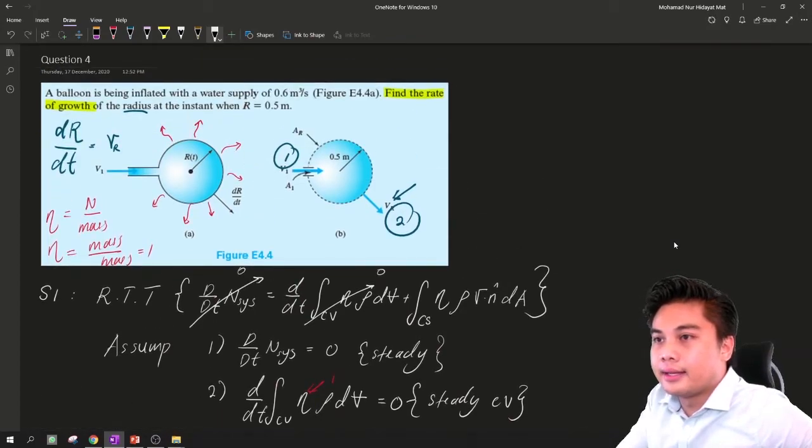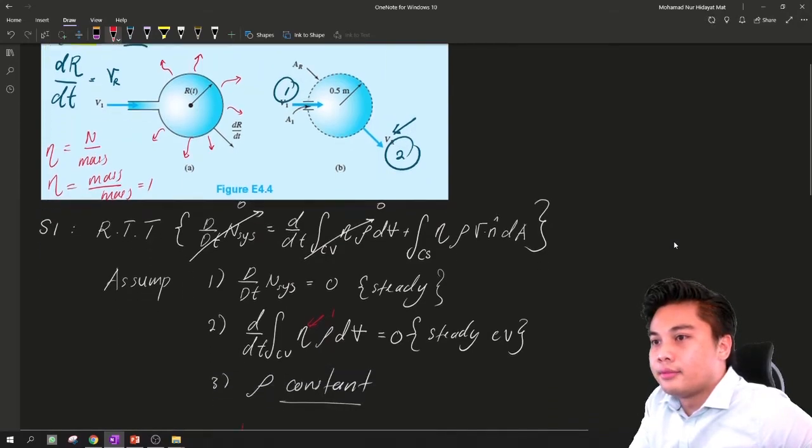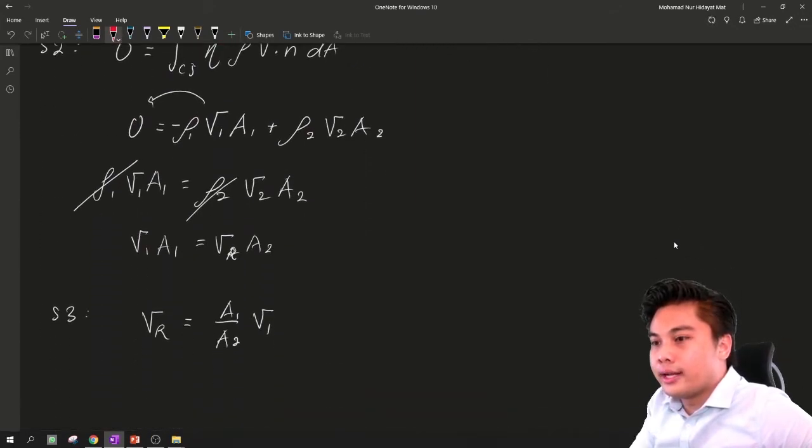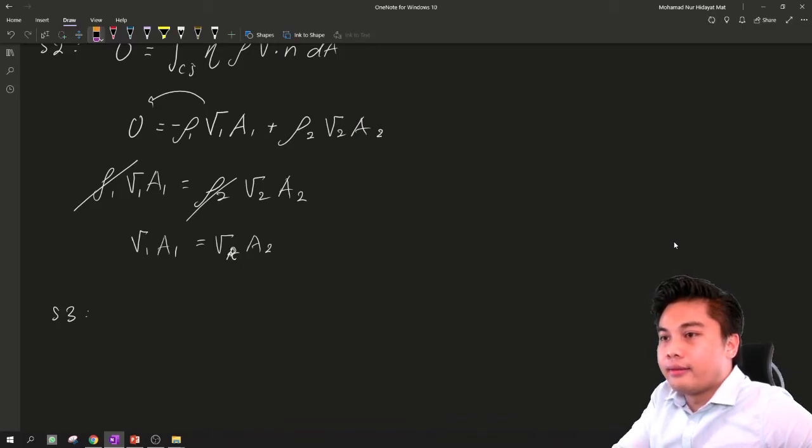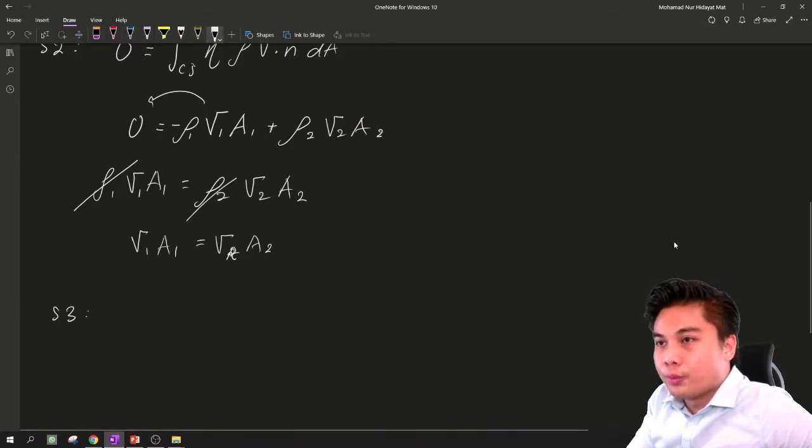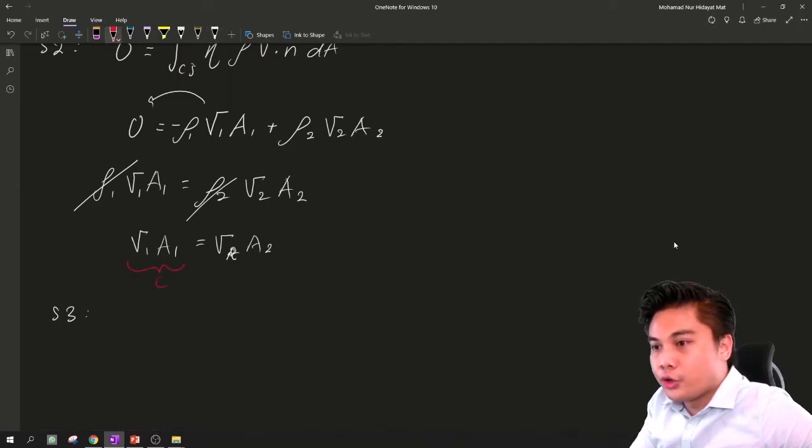It is given that the water supply, this is the volume flow rate Q1. Alright. So this is the volume flow rate Q1. Thus, we can replace this term with Q1. So we rearrange the equation. Alright, Vr becomes Q1 over area 2.